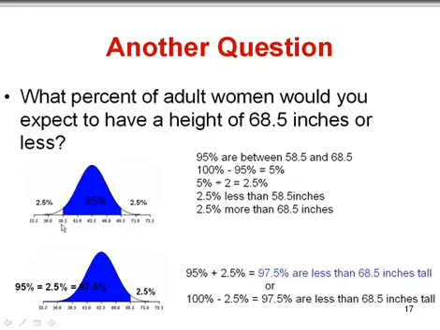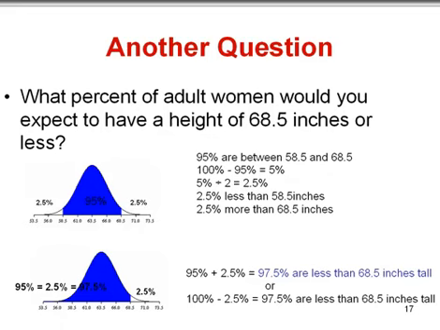Between 58.5 and 68.5 is 95% of the cases, or 95% of the women. The rest, namely 5%, are in the upper tail or the lower tail, and since the distribution is symmetrical, half of those women, half of the 5%, or 2.5%, are taller than 68.5 inches, and half are shorter than 58.5 inches.